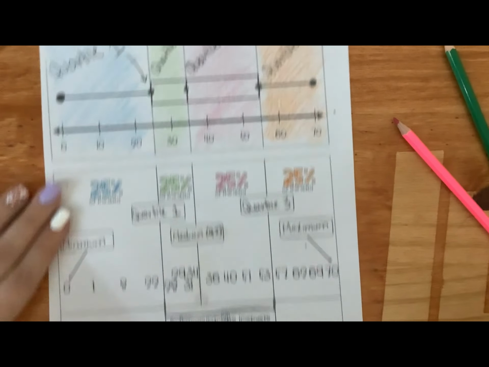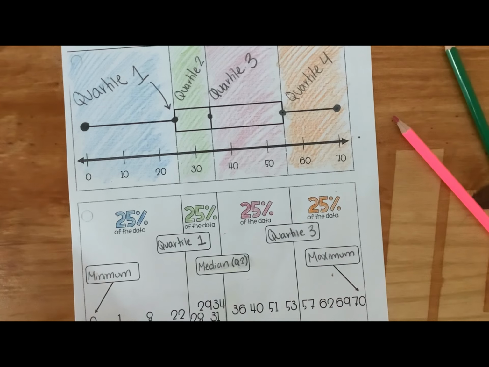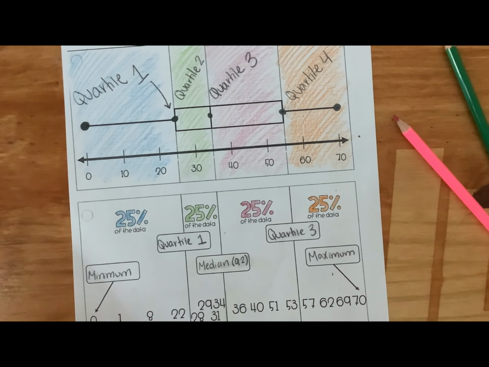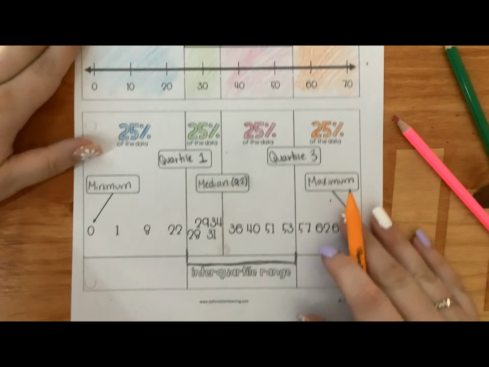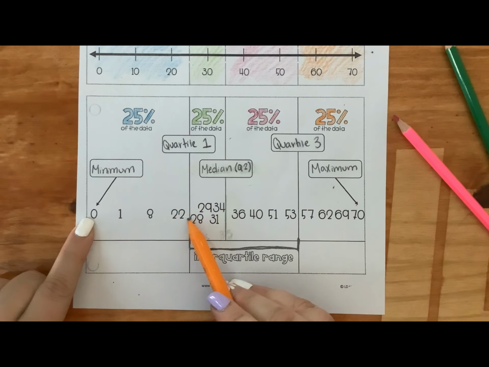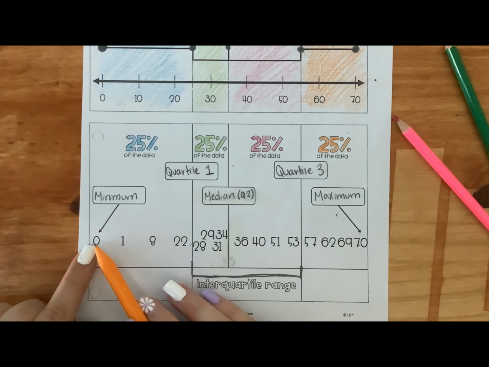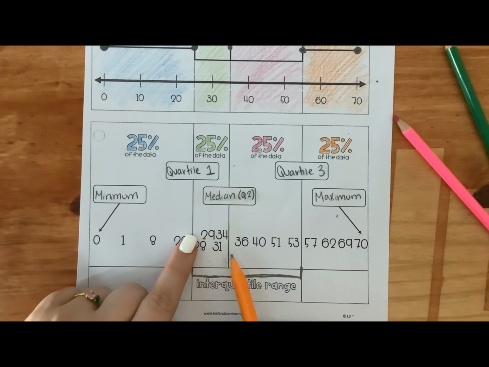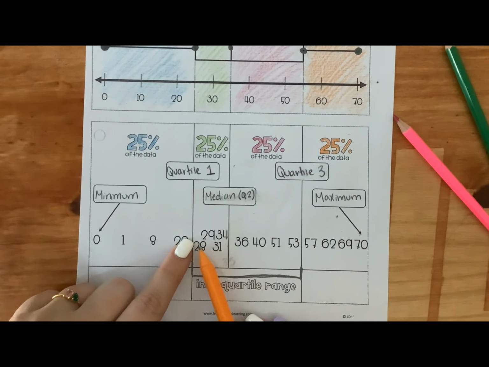Okay, when we're talking about the percentages, we are talking about the different parts of our data, not the numerical worth of the numbers, but how many data points we have. So if we look between our minimum and our quartile 1, or the first 25% of our data, we have 1, 2, 3, 4 numbers. Then the next 25%, quartile 2, there's 1, 2, 3, 4 numbers.